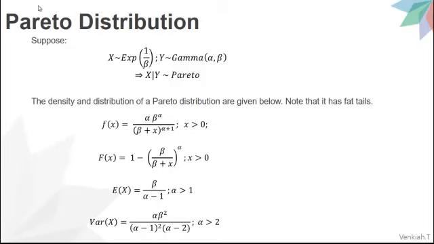In this example here, we note the probability density function, the cumulative density function, and the mean and variance.